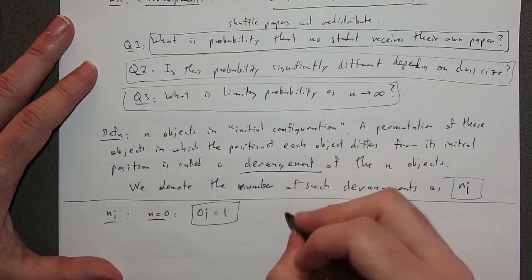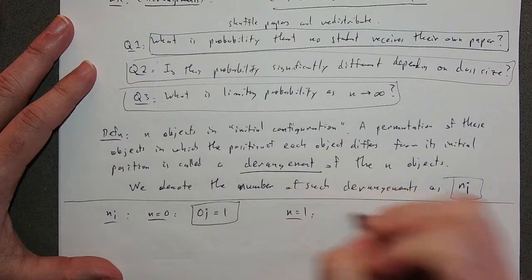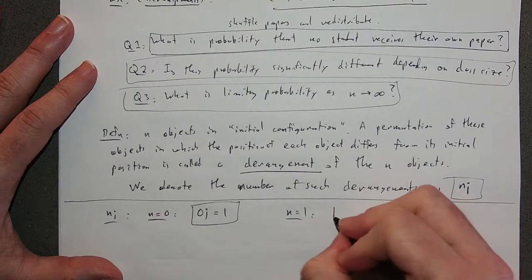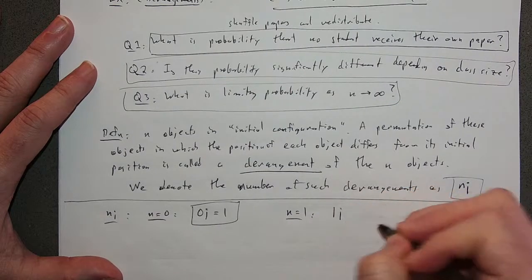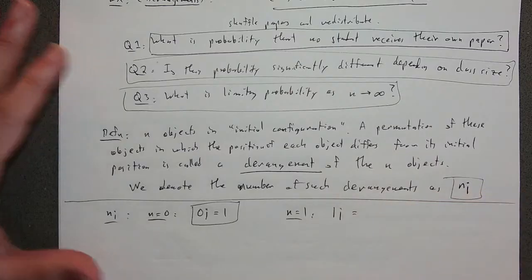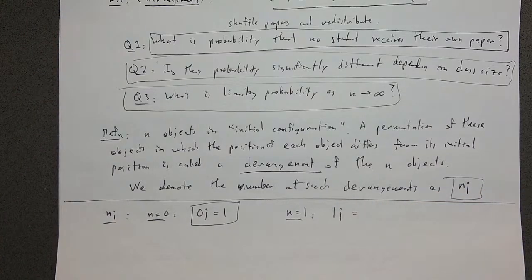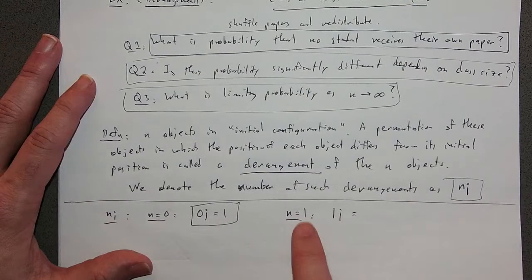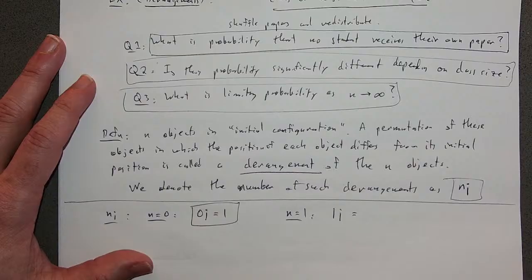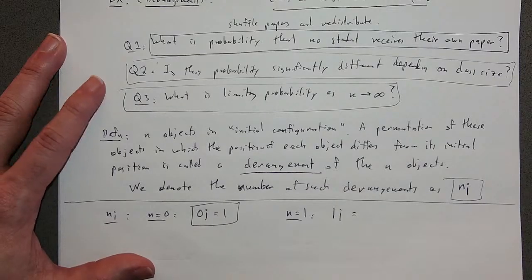But here's something a little weird. What is the number of derangements of a single object? Well, for a single object, there's only a single permutation, but that permutation fixes that single object, right? There's no other permutation.